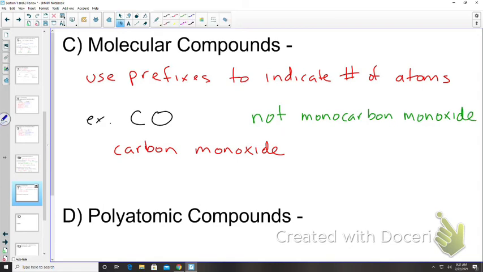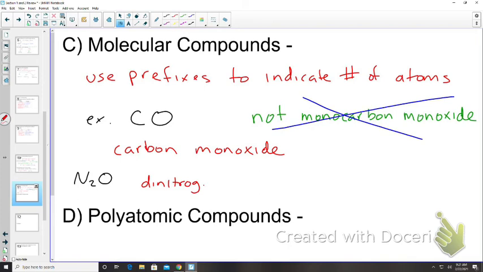Carbon monoxide. If we had N2O, that would be dinitrogen monoxide.